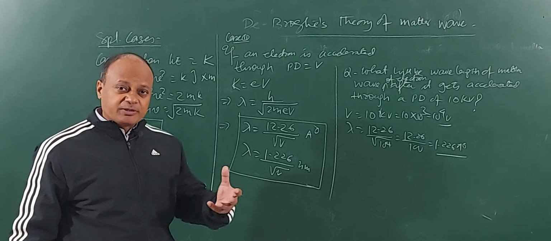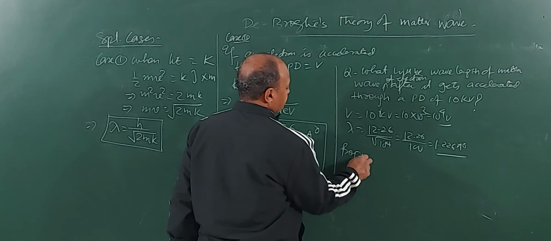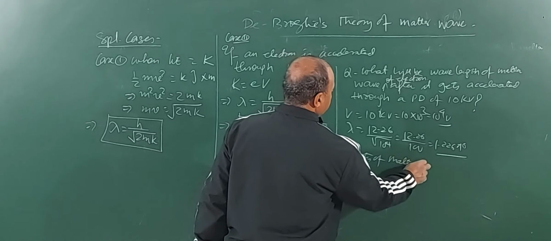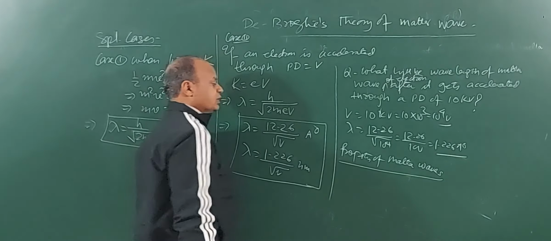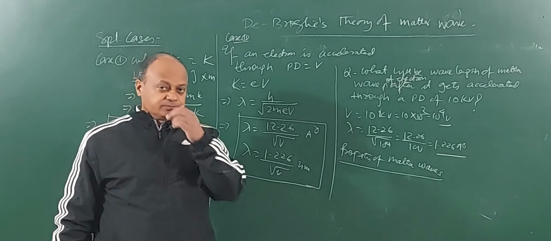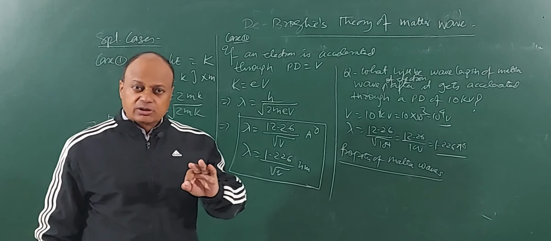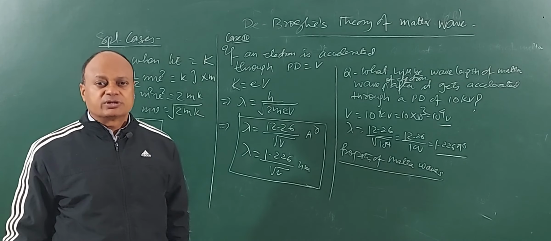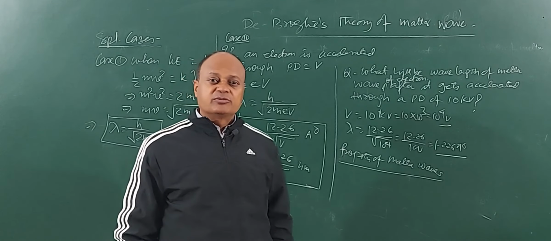Now there are certain properties of matter waves that you have to know. What are the properties of matter waves? First one is they are produced only when the particle is in motion. If the particle is not moving, then how much is the momentum? 0.